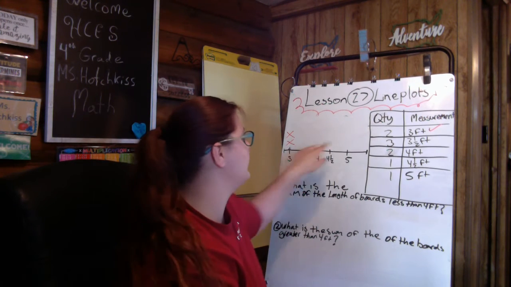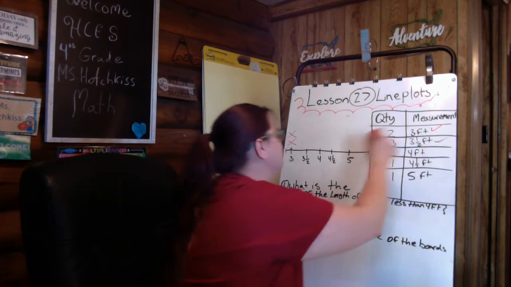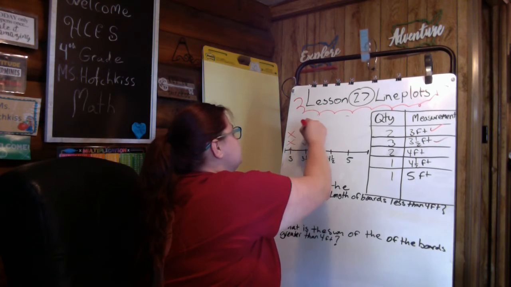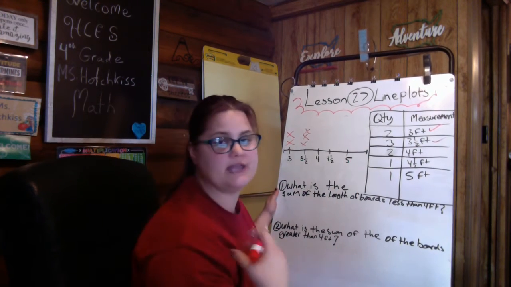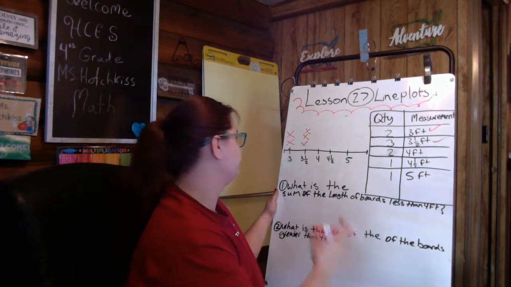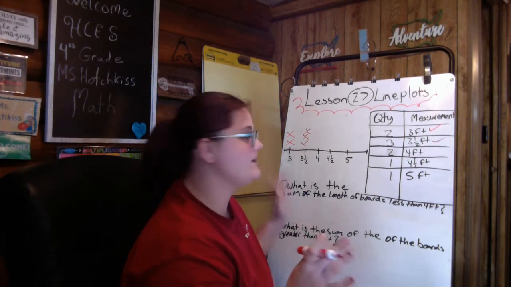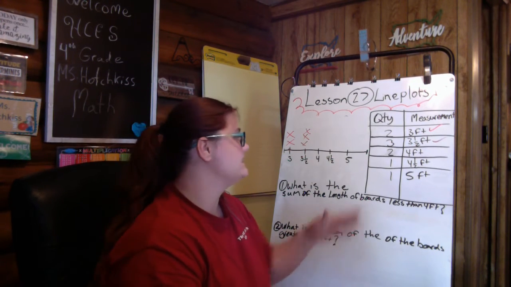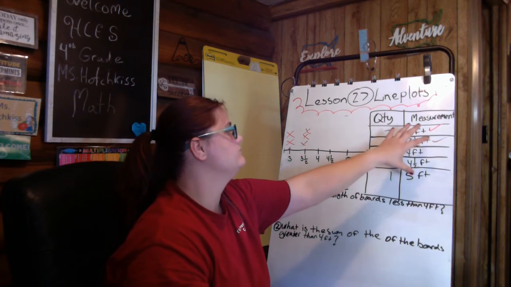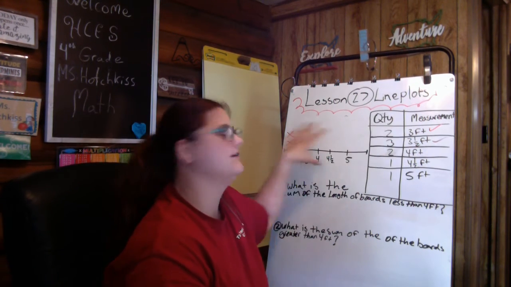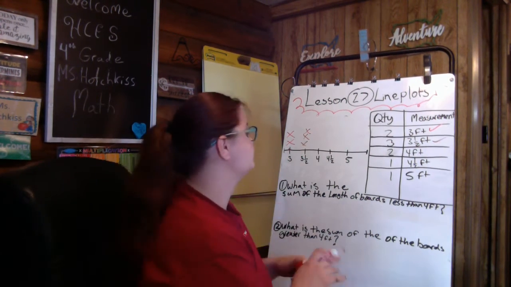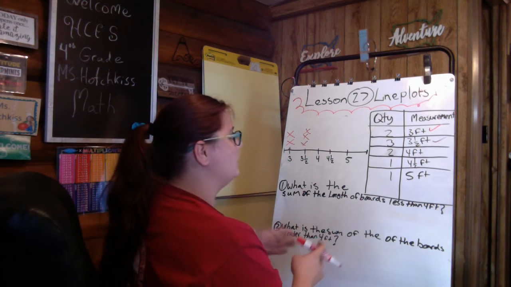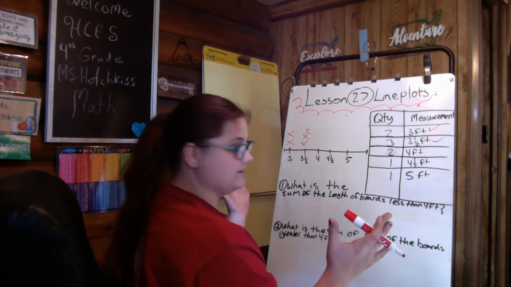Going to 3.5, I have 3 boards. I usually like to go back and check through to make sure that I had gotten that value. That's the one big mistake most people make when they're filling out line plots: they do not transfer their data correctly. If you mess that up, your whole line plot is going to be skewed.